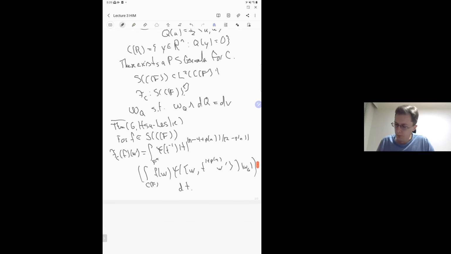Okay, and Pn is just a parity thing here. It's congruent to n mod 2. So I choose it to be 0 or 1.